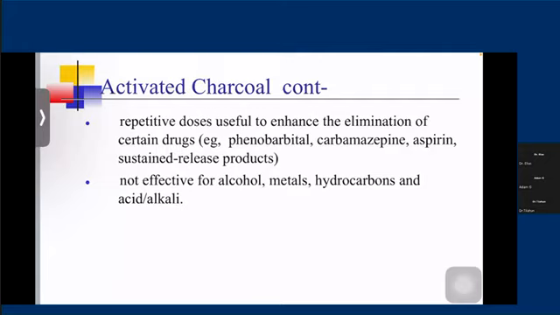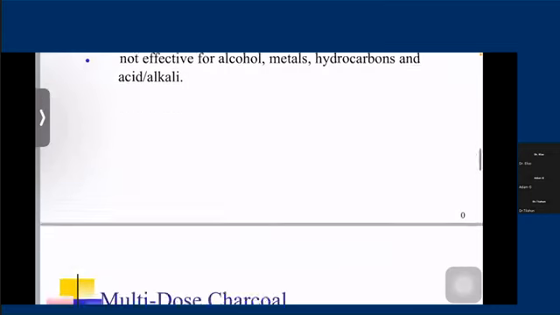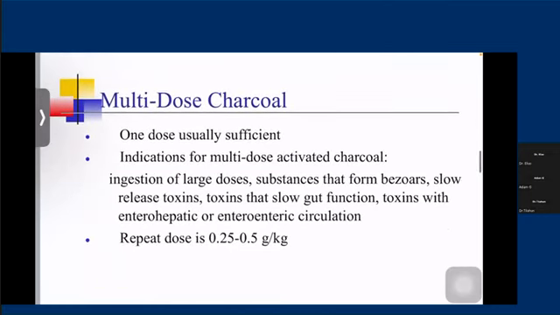So if we are able to give charcoal even after 1 hour, the chance of absorbing the drug is high. And aspirin usually forms concretions, and it causes a bezoar. So we can still get it if we do it after 1 hour.